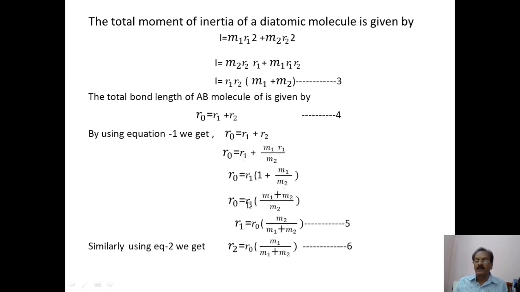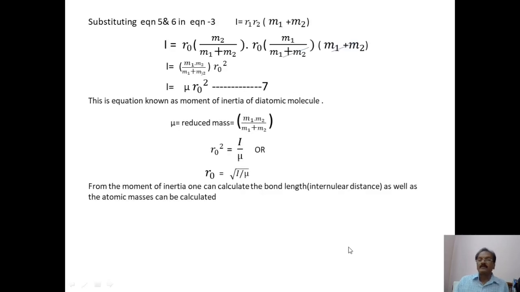At last R0 is equal to R1 times M1 plus M2 divided by M2, so R1 is equal to R0 into the reverse of this, M2 divided by M1 plus M2, this is equation 5. Similarly, substituting the value of R1 from equation 2, we get another equation, R2 is equal to R0 M1 divided by M1 plus M2. This is equation number 6.